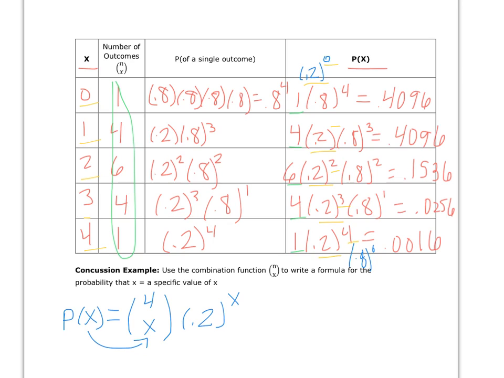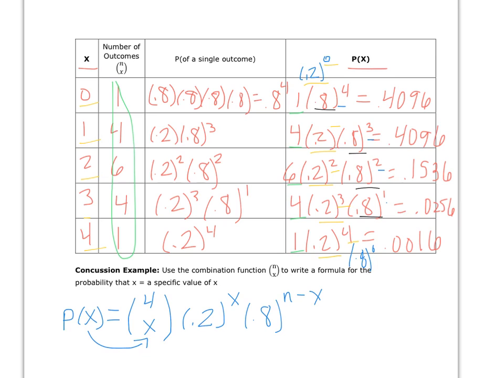The next thing that shows up is the 0.8, which is the probability of failure. If we want to express the exponent in terms of x, the first exponent is 4, the next one is 3, then 2, then 1, then 0. So they're descending. They start off with n, and what is subtracted off is the value of x.